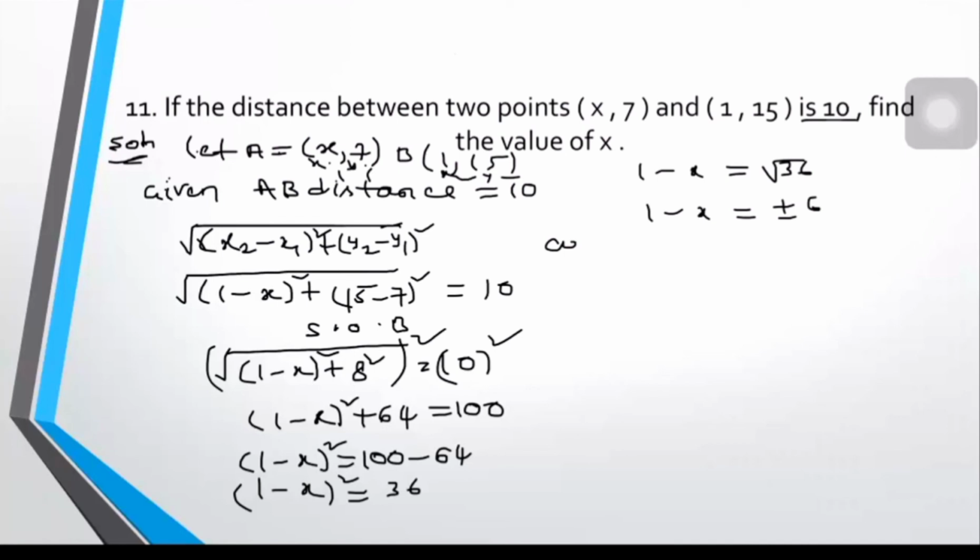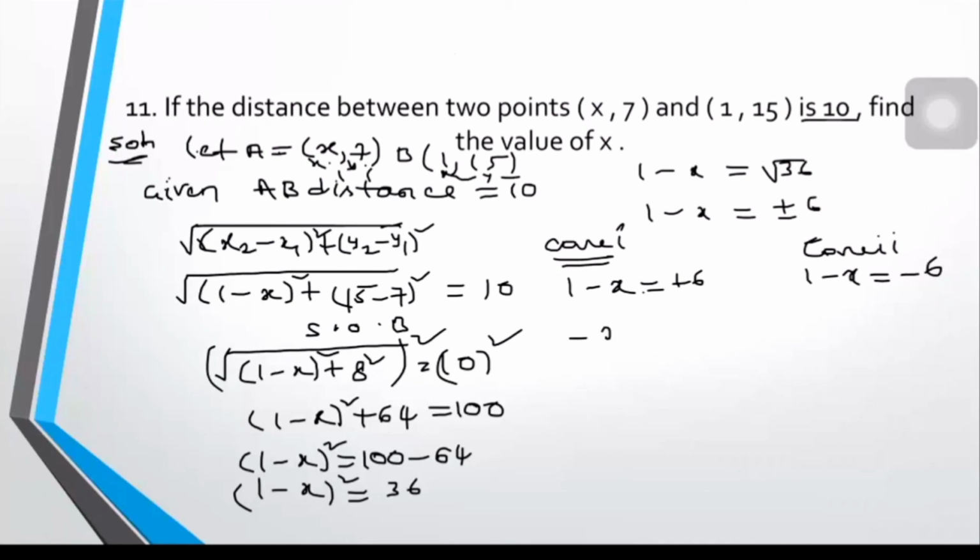So case 1: 1 minus x is equal to plus 6. Next case 2: equate the negative value, 1 minus x is equal to minus 6.